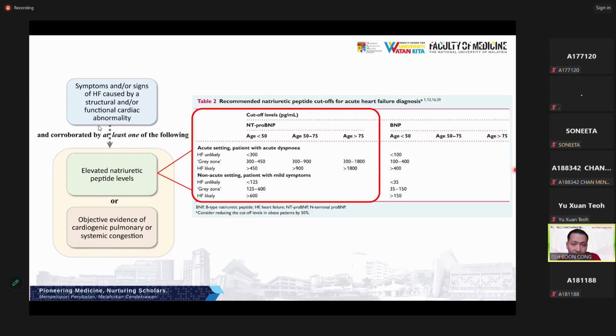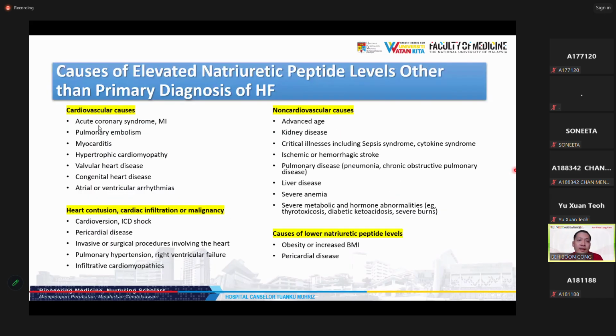And if it's normal, then you can rule out heart failure. For master level, they need to remember the value. But there are always other causes that can give you a raised NT-proBNP. So a patient presenting with MI, pulmonary embolism, or any other cause that can contribute to stretch of the heart can cause the NT-proBNP to increase.